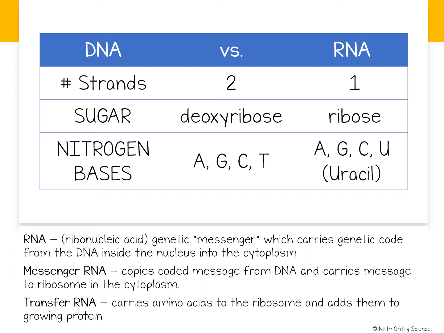However, instead of thymine, RNA contains uracil. Now, there are several types of RNA involved in protein synthesis. Messenger RNA copies that coded message from the DNA in the nucleus and carries the message to the ribosome in the cytoplasm. Another type of RNA, called transfer RNA, carries amino acids to the ribosome and adds them to growing proteins.